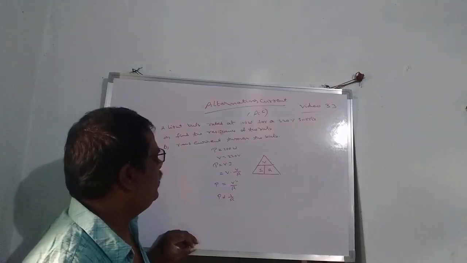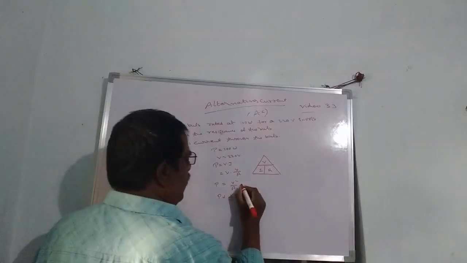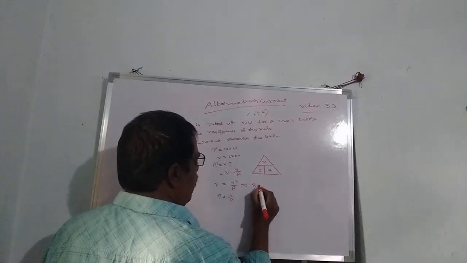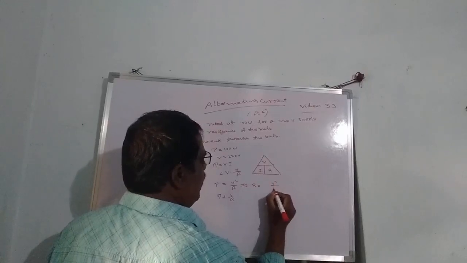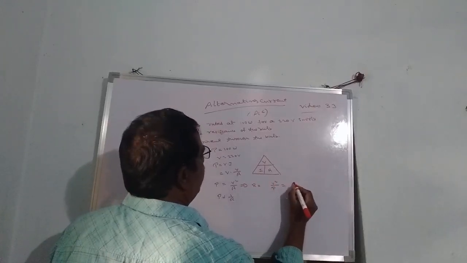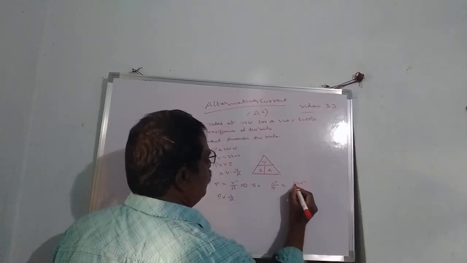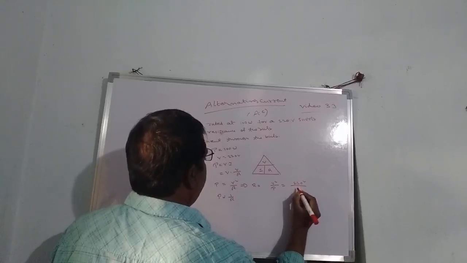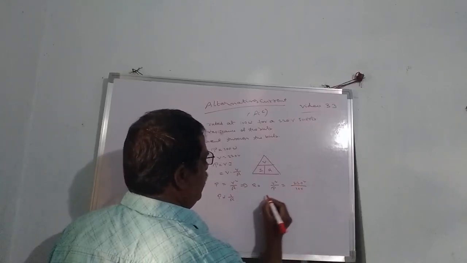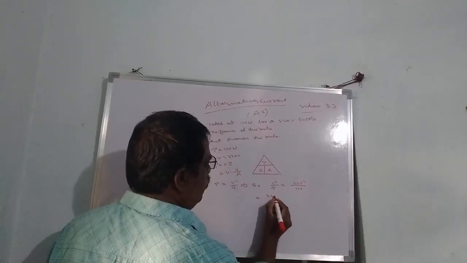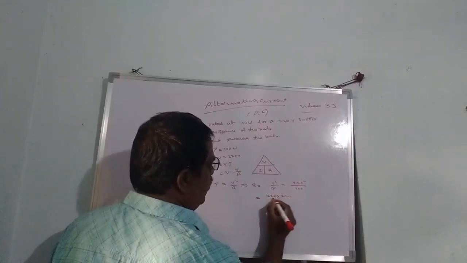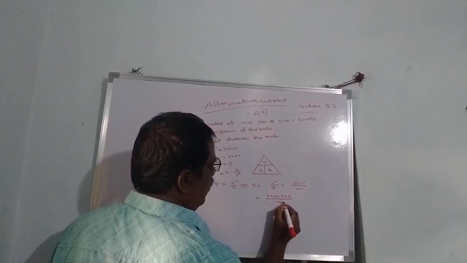Find the resistance of the bulb. How do you find the resistance from this formula? R is equal to V square by P. The V value they have given is 220 square, divided by the P value 100. That means 220 into 220 by 100.